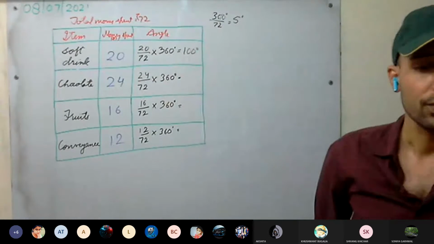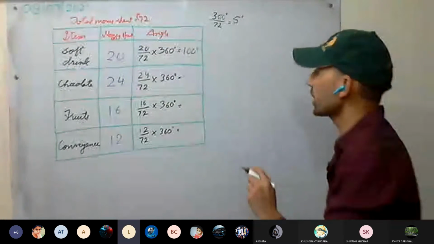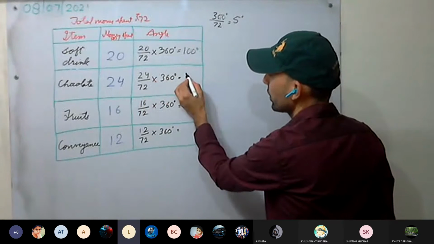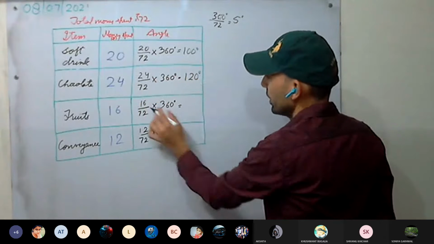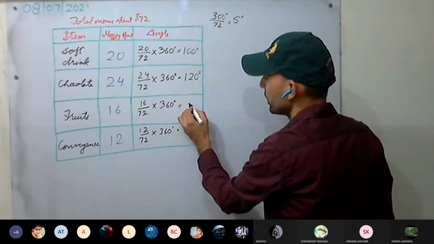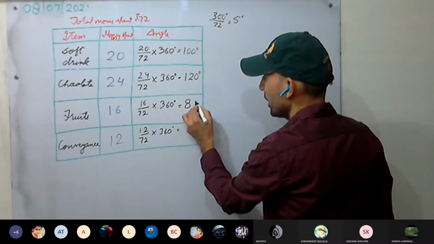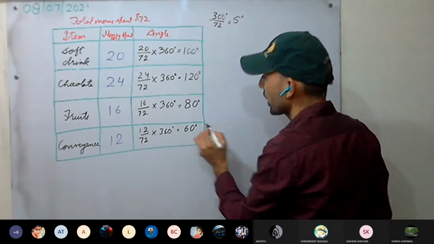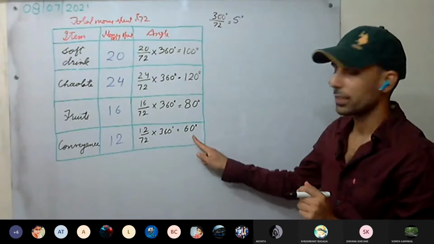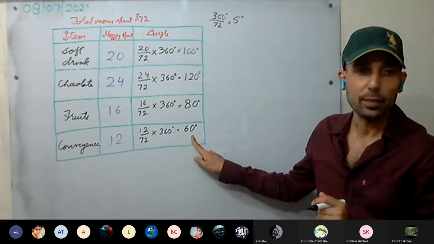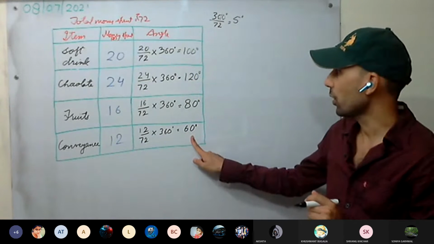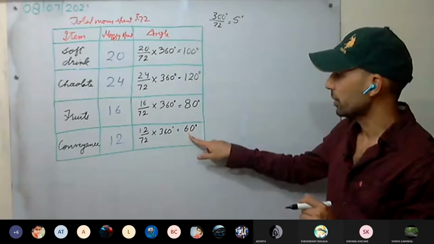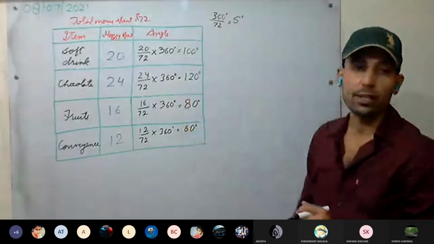Multiply 5 with 24: 120 degrees. 16 into 5: 80 degrees. 12 into 5: 60 degrees. If you add all these angles, the sum comes out to be 360 degrees. Yes or no? 100 plus 120, 220, 300, 360. You can check as well whether we have done it correctly.